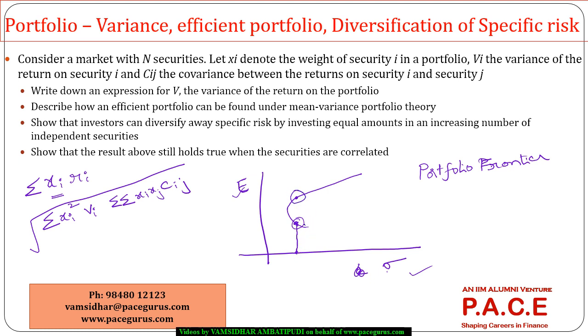For one single standard deviation, we have two different portfolios, one giving a lesser expected return, whereas the other gives a higher expected return. Which means all the portfolios giving lesser expected return for the same amount of risk are inefficient portfolios.